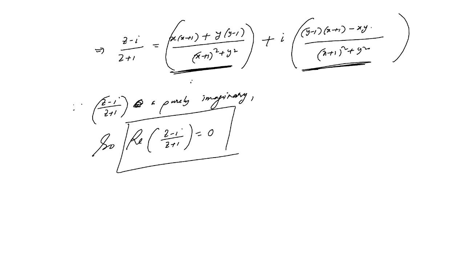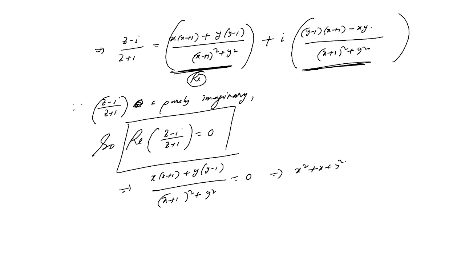That means [x(x plus 1) plus y(y minus 1)] by [(x plus 1) whole square plus y square] equals 0. So that means x square plus x plus y square minus y equals 0.